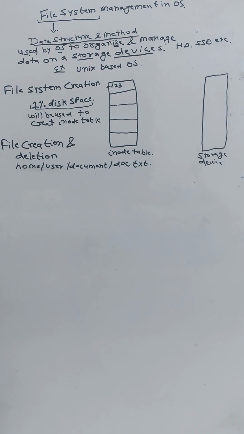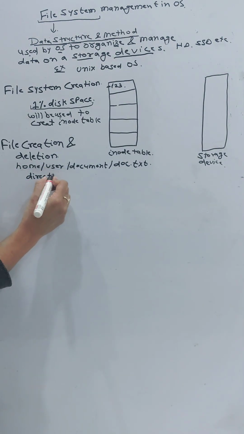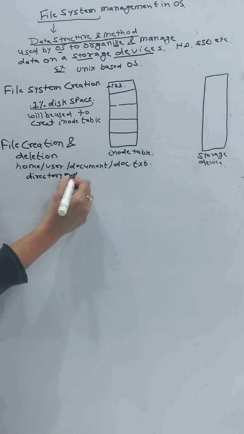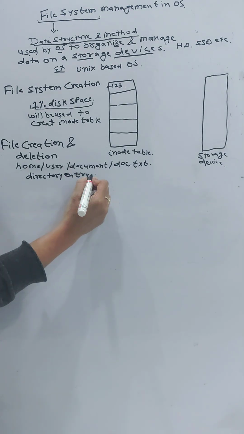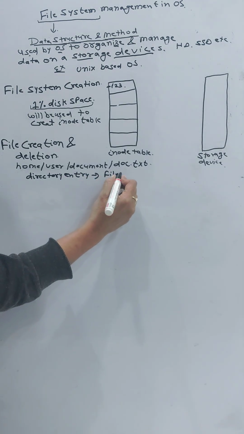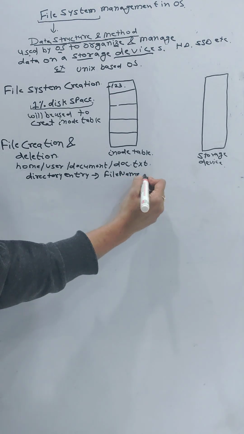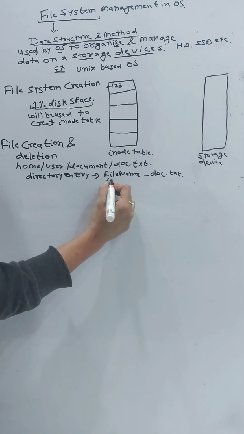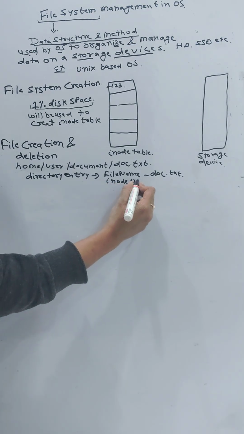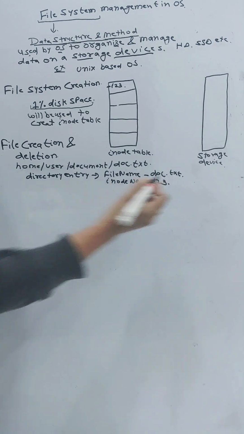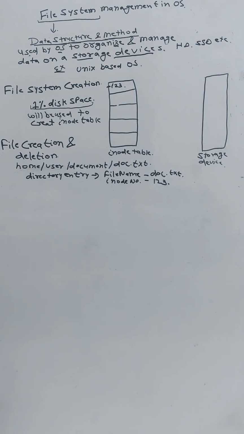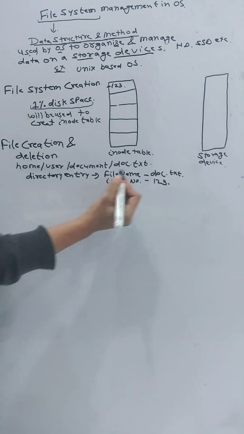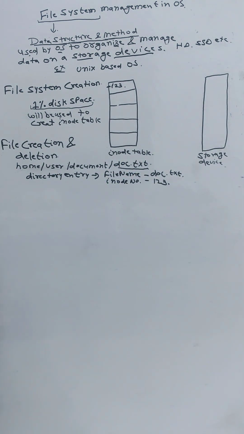So the directory entry will be: file name doc.txt, inode number 123. So one inode will be assigned to this doc.txt by the operating system.